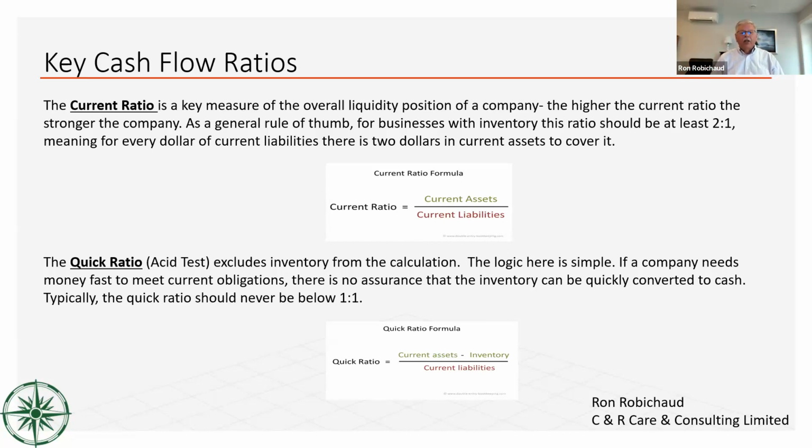I'll give you a very quick example of where I've seen some people make this mistake. Let's say that all of a sudden you need to buy a piece of equipment that's $5,000. Well, you don't have the $5,000 in your bank account, so you're going to use your line of credit.